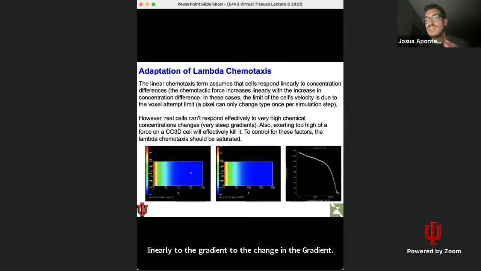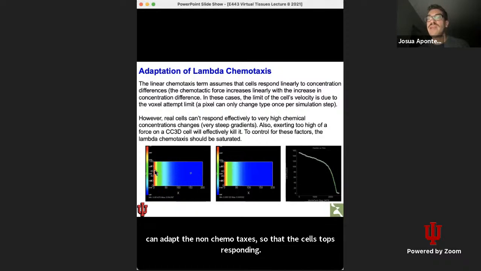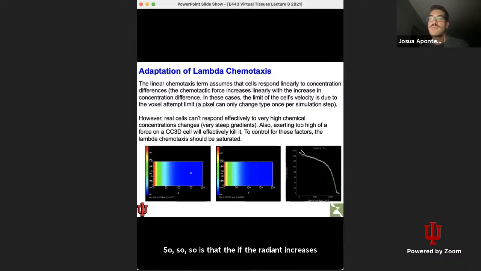But there is a saturation or a speed limit that the cell would experience, even if the gradient increases above a certain threshold. And to control for these factors, we can adapt the Lambda chemotaxis such that the cell stops responding, such that if the gradient increases exponentially, the cells do not respond exponentially to the change in the gradient.